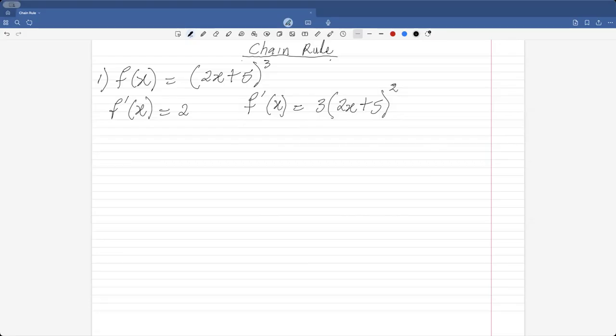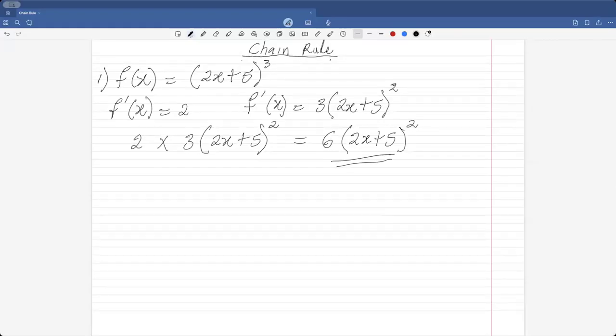So now let's multiply together. So we have 2 multiplied by 3(2x + 5) to the power of 2, which is equal to 6(2x + 5) to the power of 2. And this is the answer for this problem.